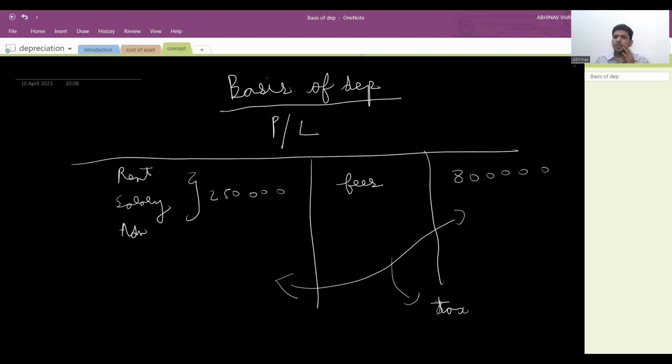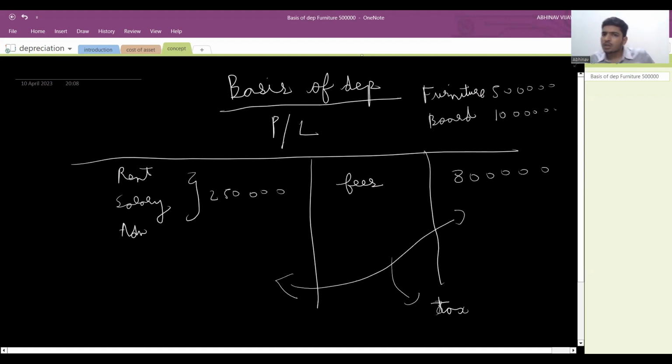Then I tell the government, no, wait, but during this year, I purchased one furniture for my business, which cost 5 lakh rupees, and another board, white board, which cost 1 lakh rupees. Shouldn't I subtract that also?